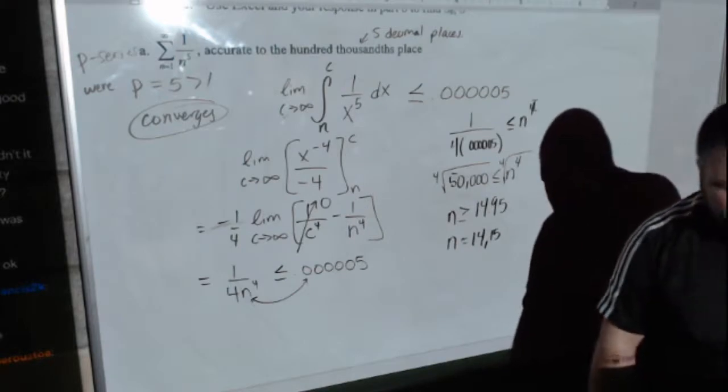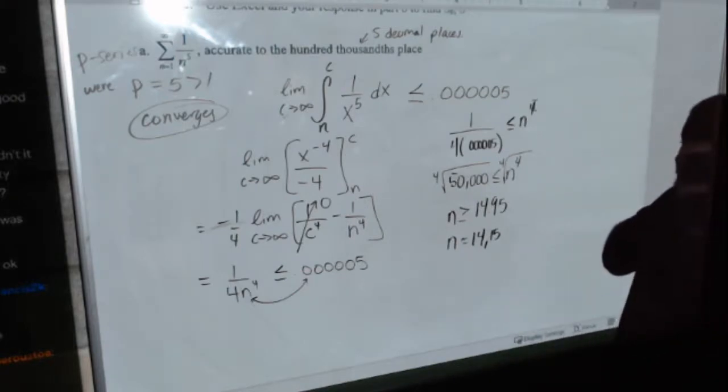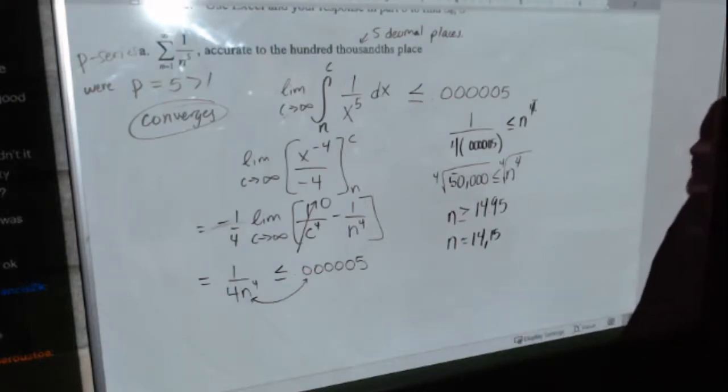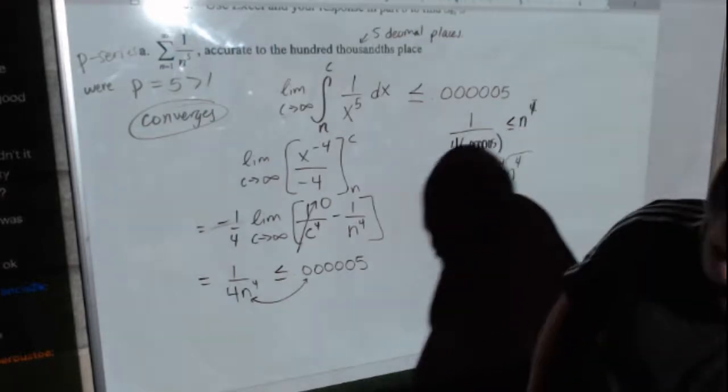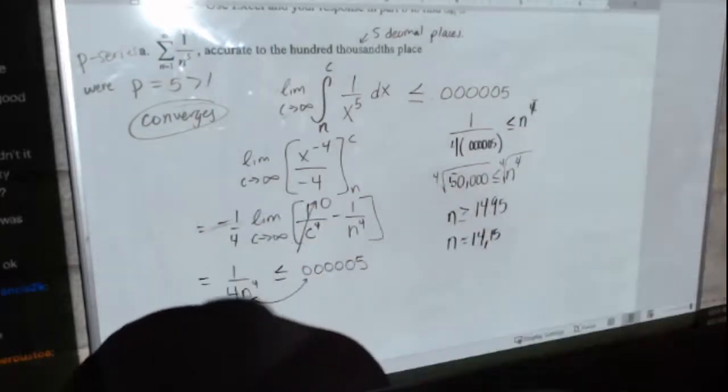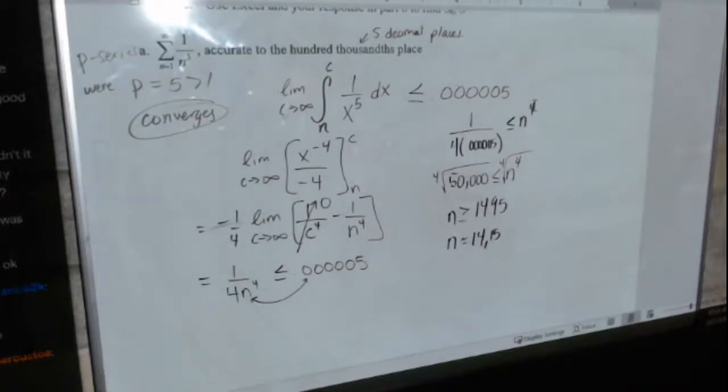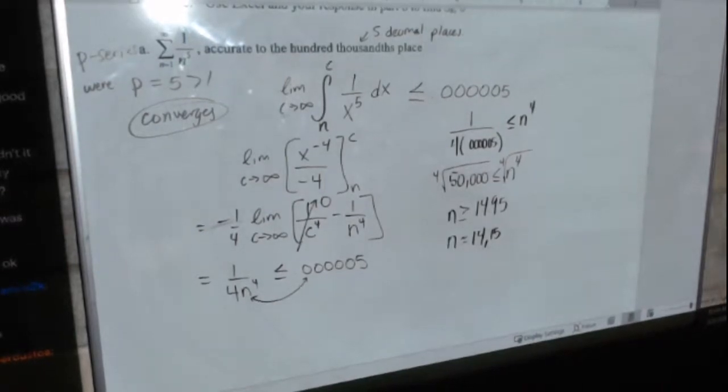We started with an infinite sum, but we only care to get a number that's 5 decimal place accuracy, so we only need to calculate 14 to 15 terms. Any questions about that? I'm going to pull up an Excel file and show you exactly how this works.